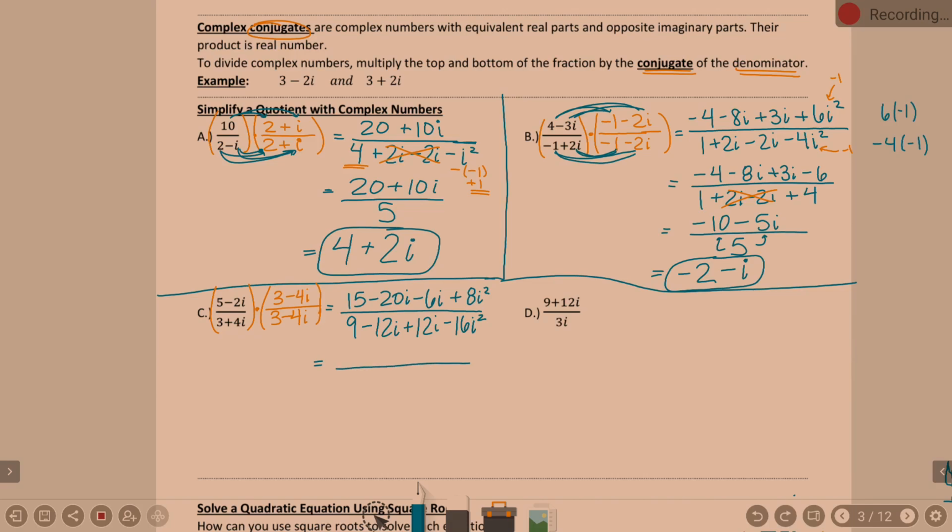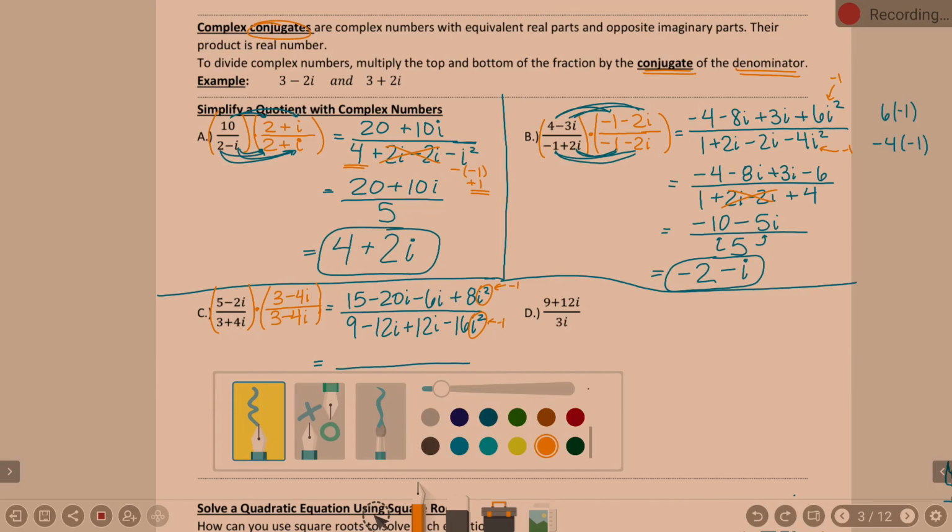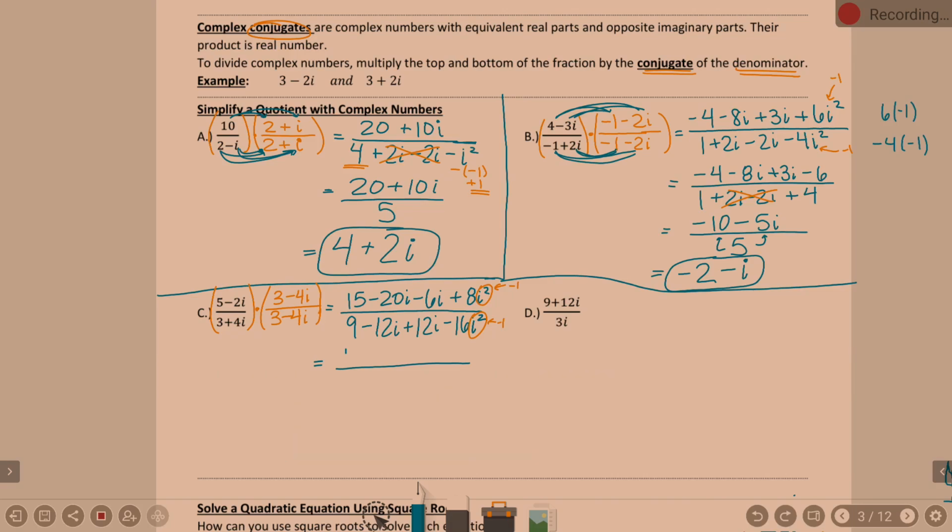Okay. i squareds. What do we know about i squareds? They become negative ones, yes? So that becomes a negative 1. That guy becomes a negative 1. So if I just rewrite that, 15 minus 20i minus 6i plus 8i squared.